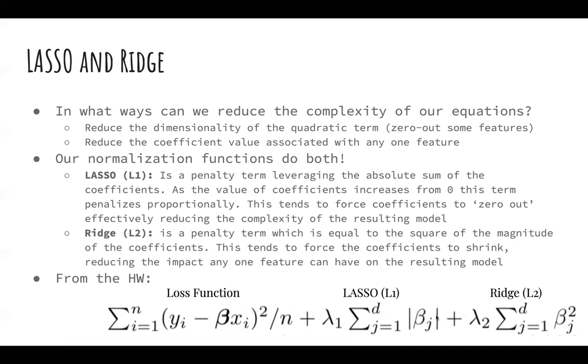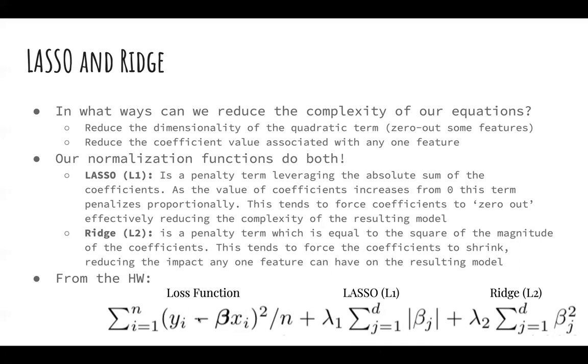So this one takes the sum of the absolute value of all these coefficients, multiplied by, again, that error term, and it adds that to your loss function.